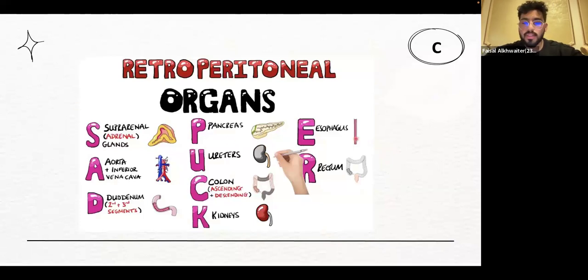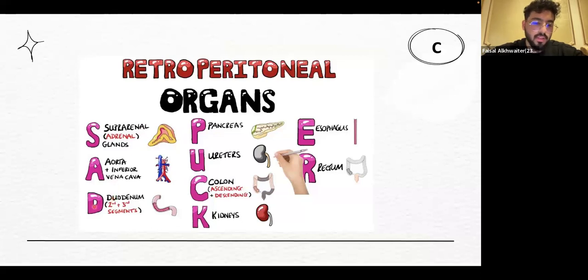So guys, this thing helped me with GI. This is one of the mnemonics that I found on the internet. It really helped me. So it is SAD PUCKER. S is for suprarenal glands, which are the adrenal glands. Aorta and inferior vena cava are retroperitoneal.